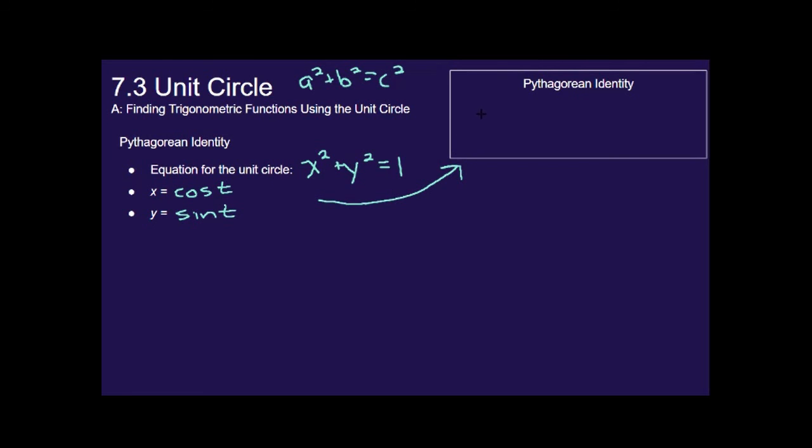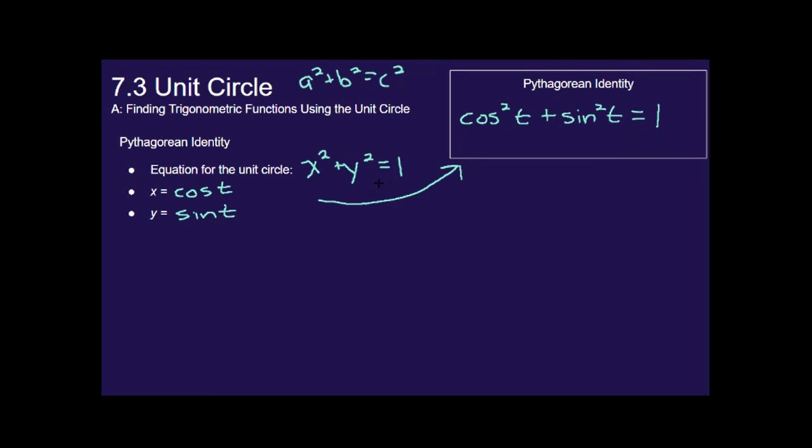We end up with cosine of t squared, but we actually write the squared after cosine, like this: cosine squared of t, that's our x squared, plus sine squared of t, that's our y squared, is equal to 1. And this is the Pythagorean identity: cosine squared t plus sine squared t is equal to 1.